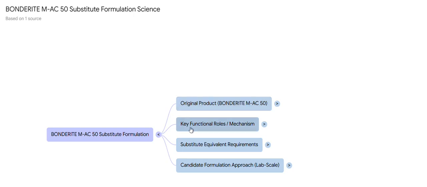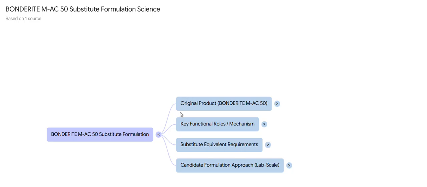Then let me explain the key functional roles and mechanism so that we can understand the chemistry behind that. Then I'll explain the substitute equivalent requirements also. Then let us have some equivalent formulation approach, and you have to try it in the lab scale only.